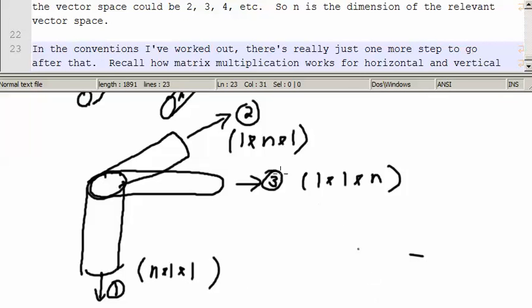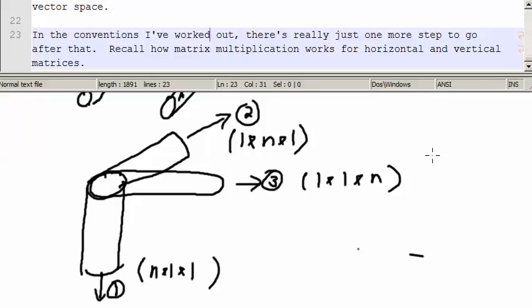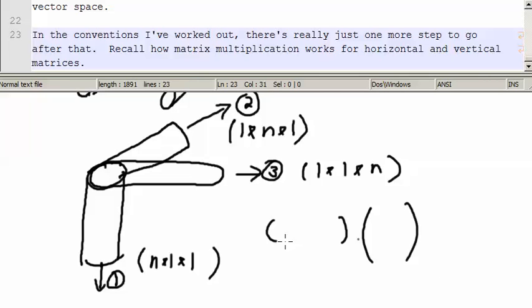Okay, so in the conventions I've worked out, there's really only one more step to go after that. Recall how matrix multiplication works for horizontal and vertical matrices. If I multiply a horizontal vector times a vertical vector, I get a scalar.